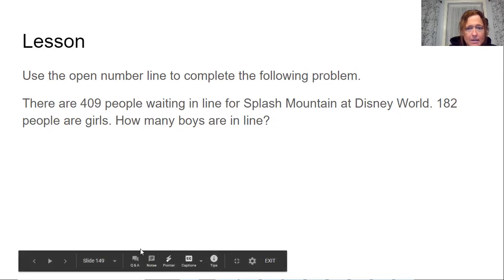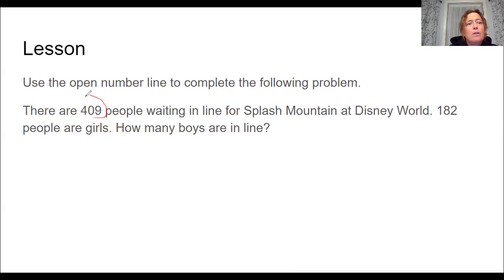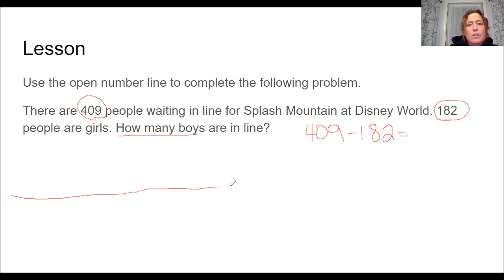So let me grab my pen. All right, we know there's a total of 409 people in line. And we know that 182 of them are girls. So in order to figure out how many boys there are, we have to take the total amount of people and subtract the number of girls, because whatever's left would be the number of boys. Okay, so on my number line, I think today I'm going to choose to subtract instead of add up.